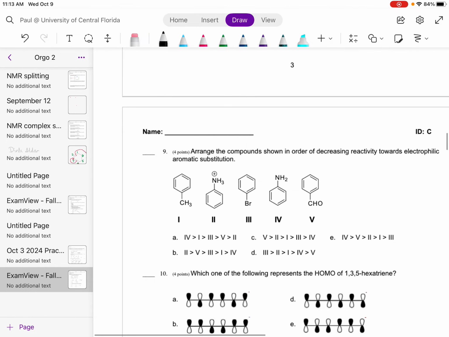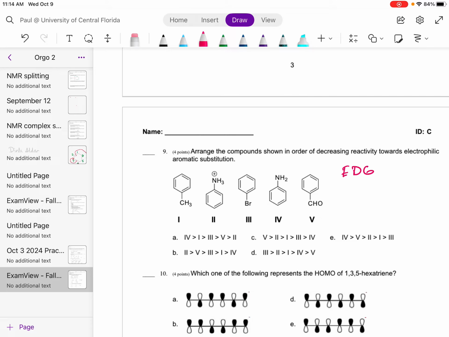Question 9. Arrange the compounds shown in order of decreasing reactivity towards electrophilic aromatic substitutions. So recall that electron donating groups make the reaction go faster because we're adding electron density to the benzene ring.